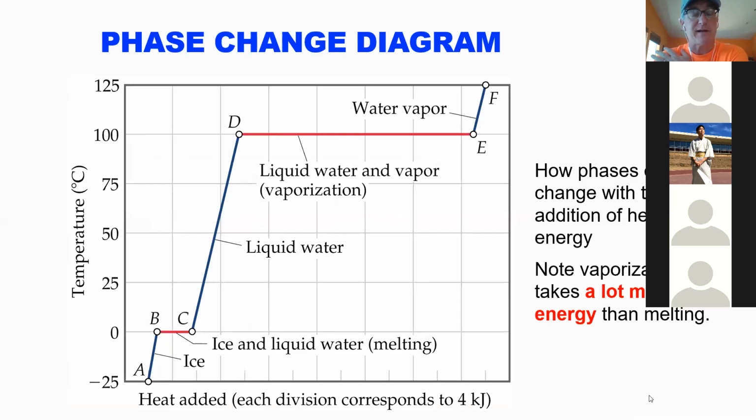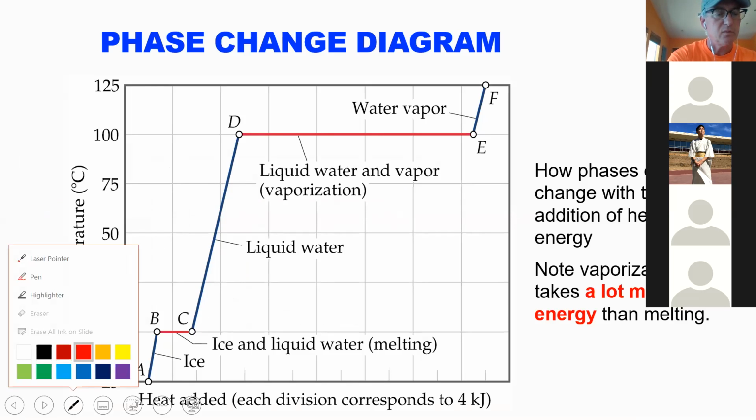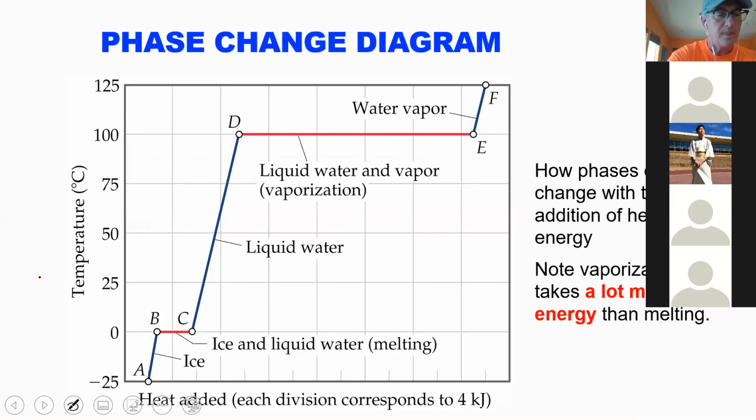The last question is about phase changes. And the question is, if we start with a block of ice, which would be down here, and we start adding heat to it, how much heat is it going to take to turn it into water vapor?